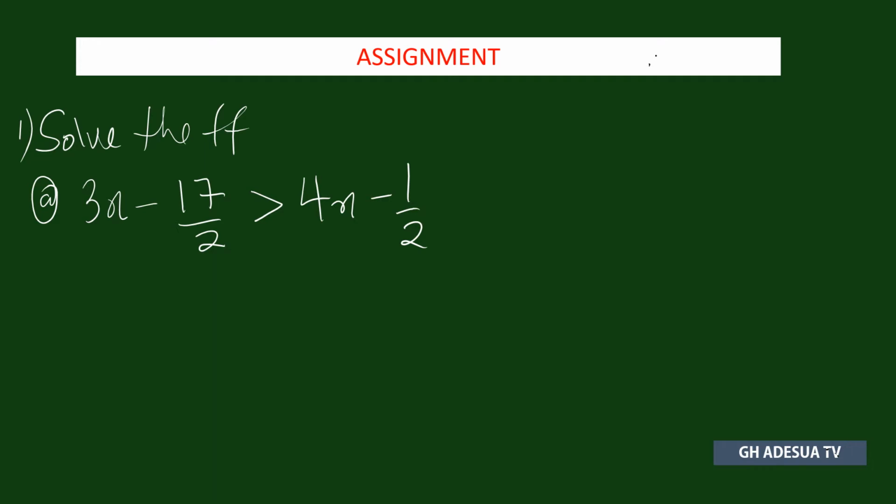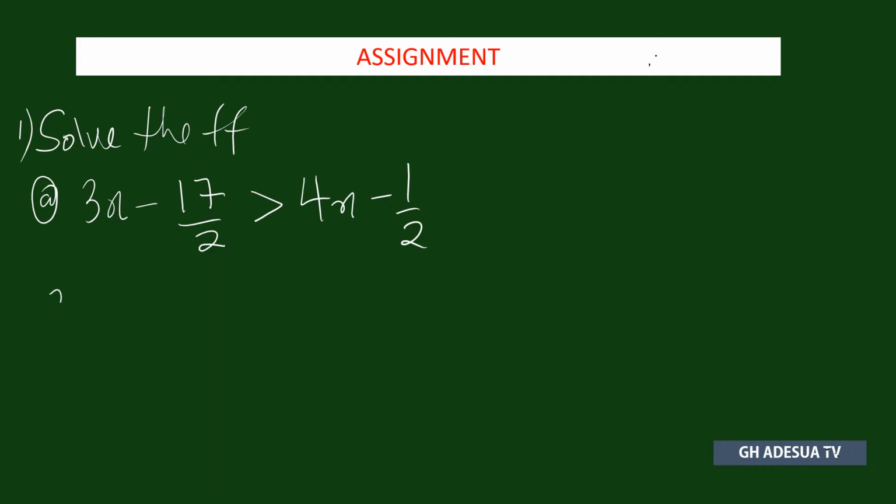In our assignment, the first question was for us to solve the following: (3x minus 17)/2 is greater than (4x minus 1)/2. Now we are to linearize this and we have to multiply through by 2.